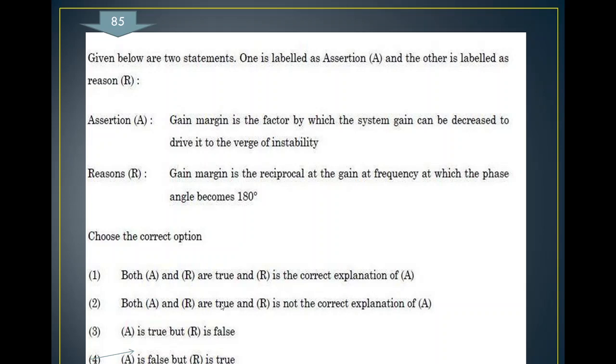Choose the correct option. Option first, both A and R are true and R is the correct explanation of A. Option second, both A and R are true and R is not the correct explanation of A. Option third, A is true but R is false, and option fourth, A is false but R is true. The correct answer is option four, A is false but R is true.